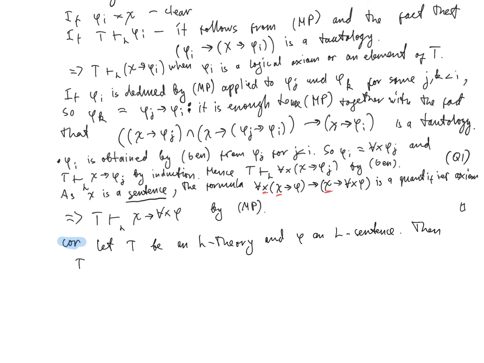Then T proves φ if and only if T union the negation of φ is inconsistent. Proof.